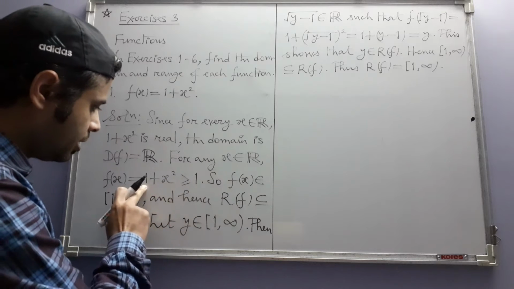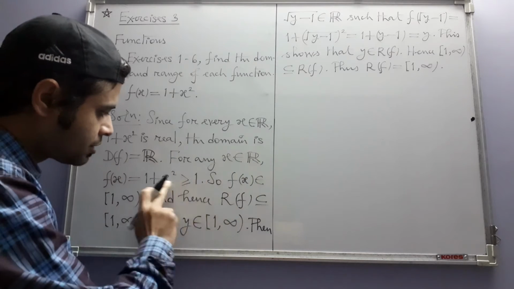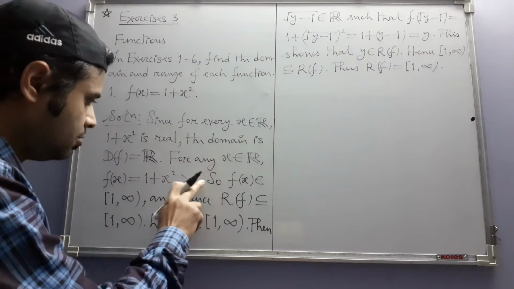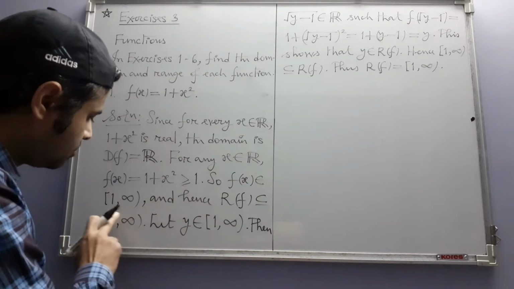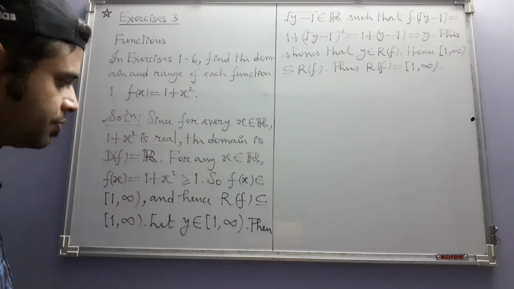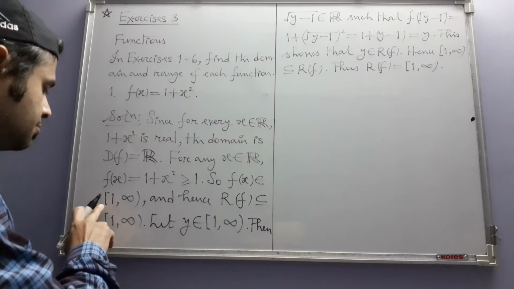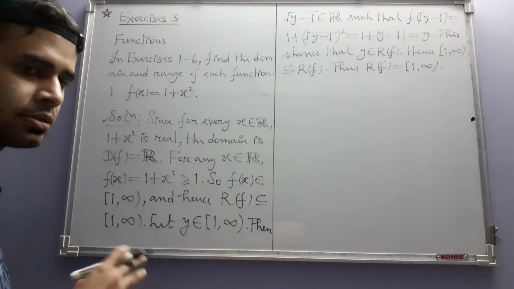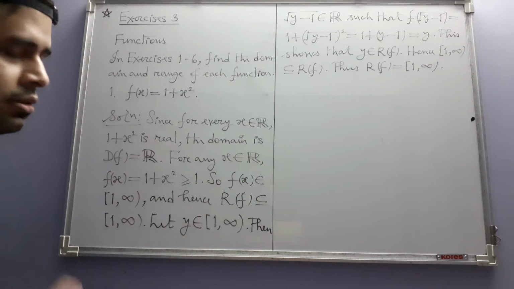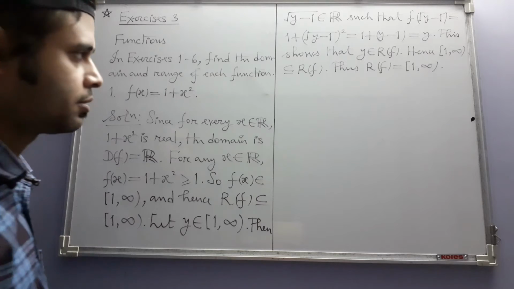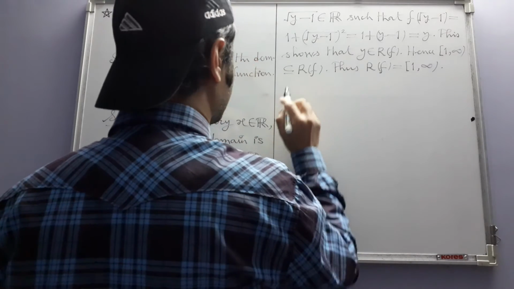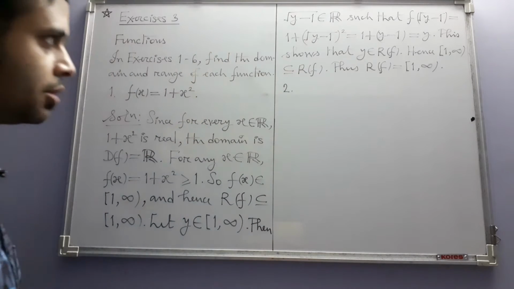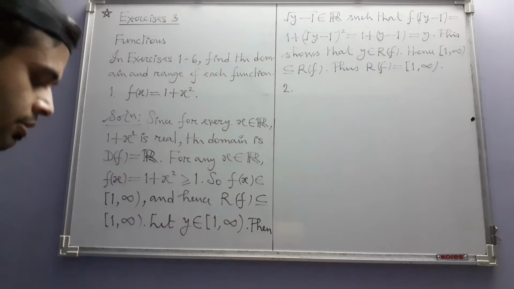For example, here in this first part of trying to decide what the range is, we saw that the outputs belong to this ray. So in most of the cases, this set where the output belongs will turn out to be the range itself. Okay. Next, so in this case our domain is R and range is this closed ray.